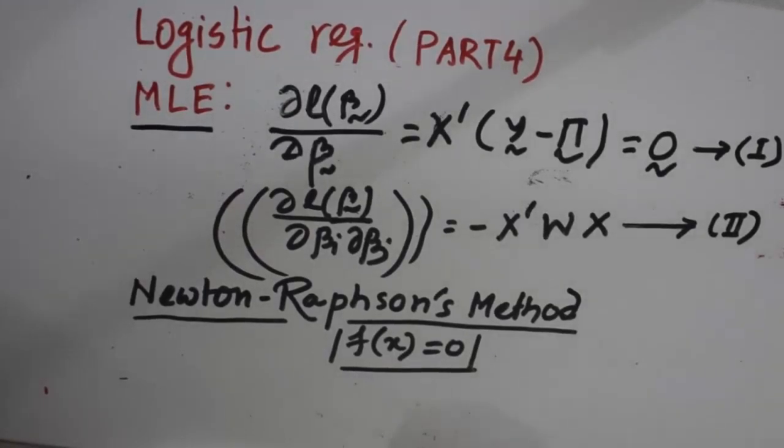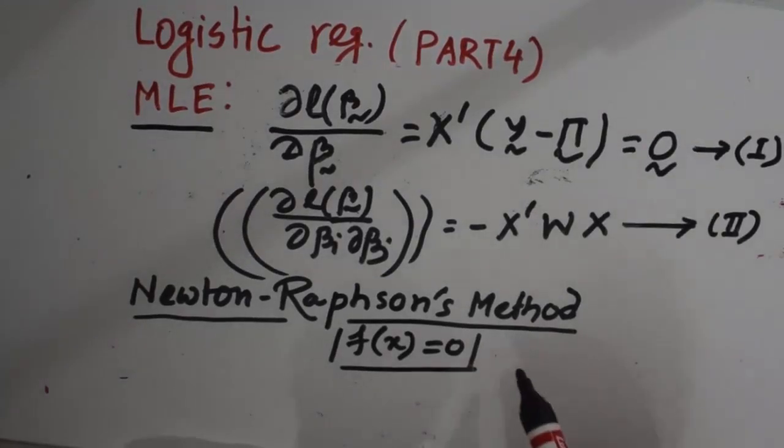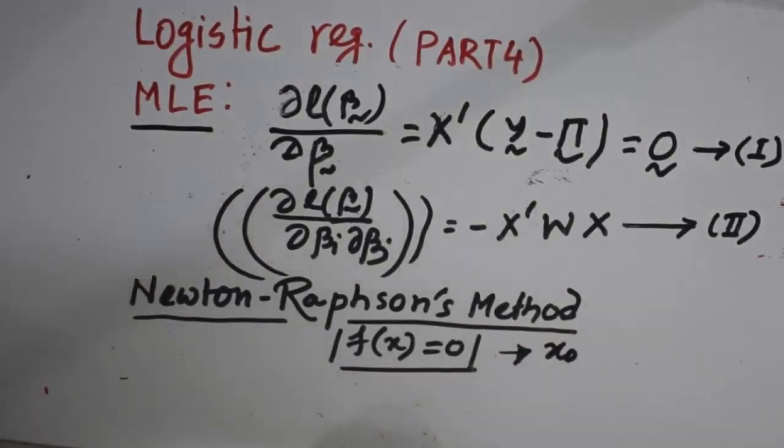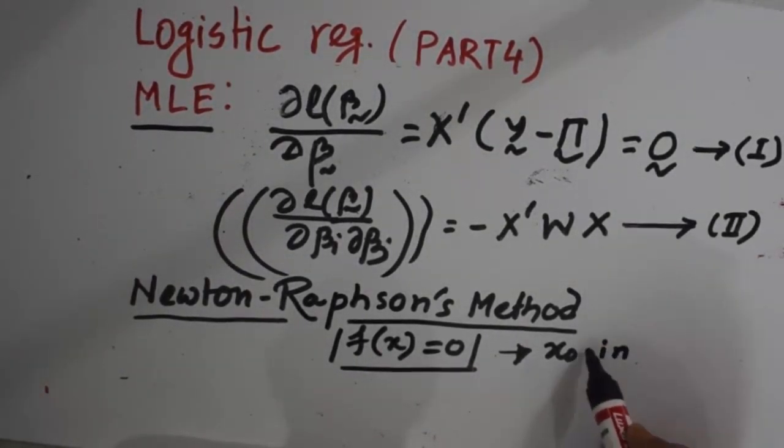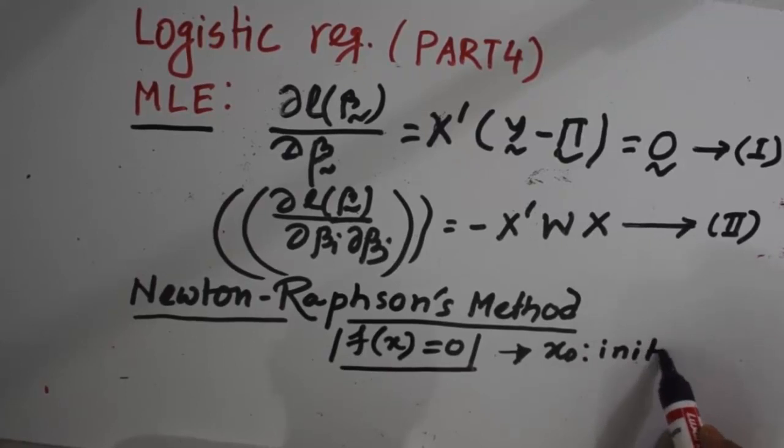So according to the Newton-Raphson method, first we begin with an initial guess, say it is x naught. This is the initial guess.